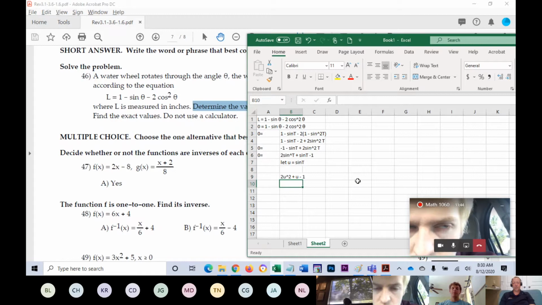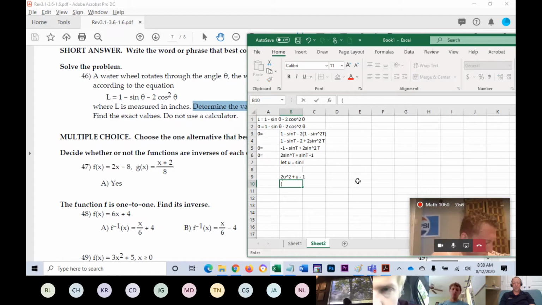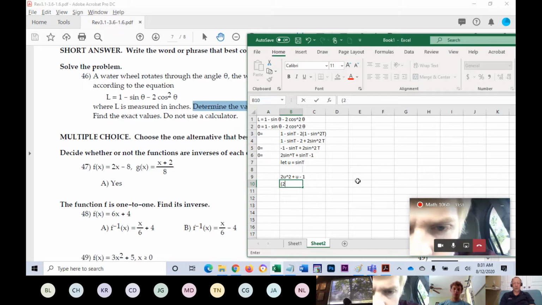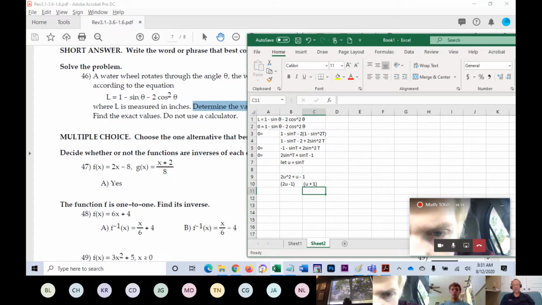So that factors into what? 2 and negative 1, and u. And then is it negative 1 and plus 1? Make sure that's good. So that gives me 2u squared minus u plus 2u is plus u. And then, yeah, that works. Equals 0.